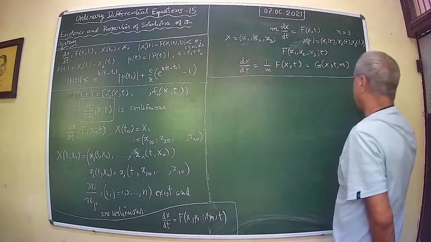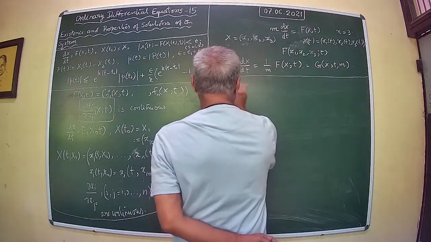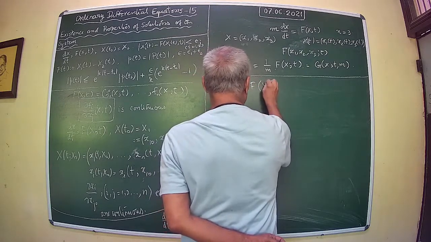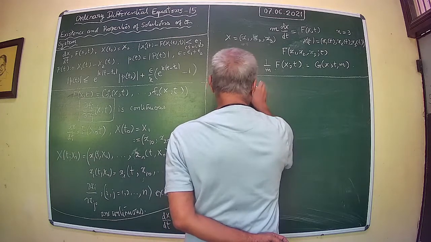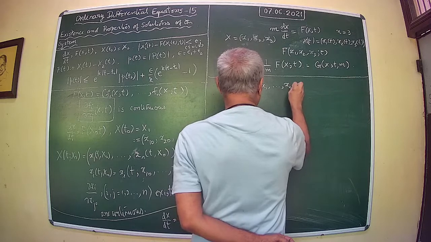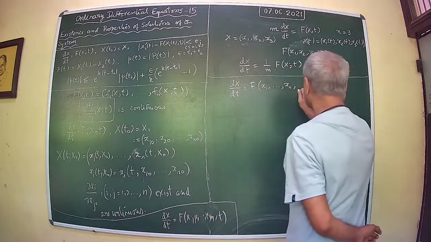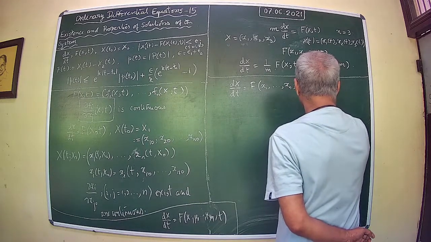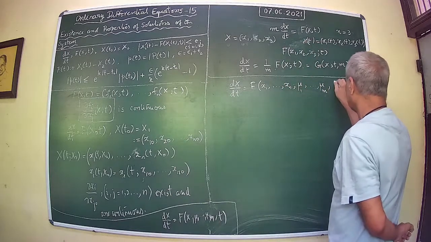So we are going to make some statement about a similar problem. The general scenario is this, you have dx by dt equal to f of x1, x2, etc., xn, some parameters mu1 to mu m, it's not the same as n, and t.